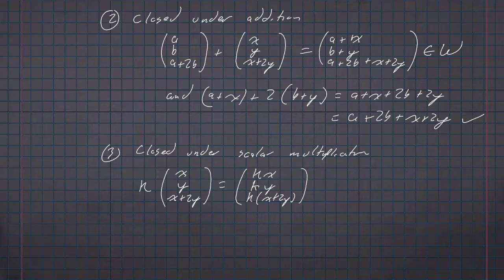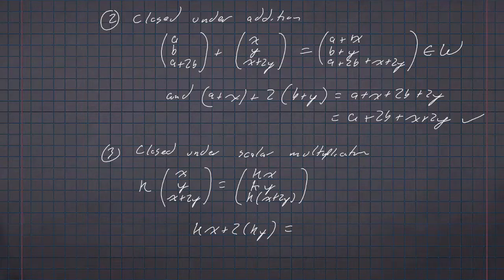But we can test the rule for our subspace here. We need the x component, which is kx, plus 2 times the y component, ky.